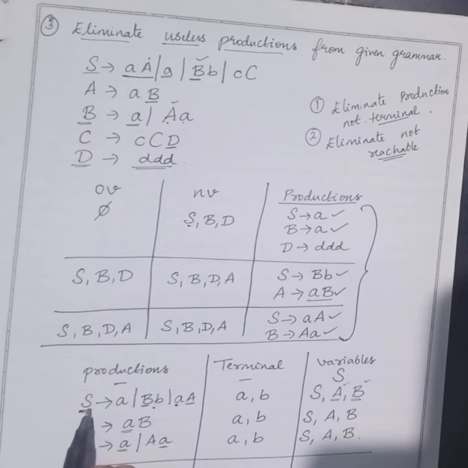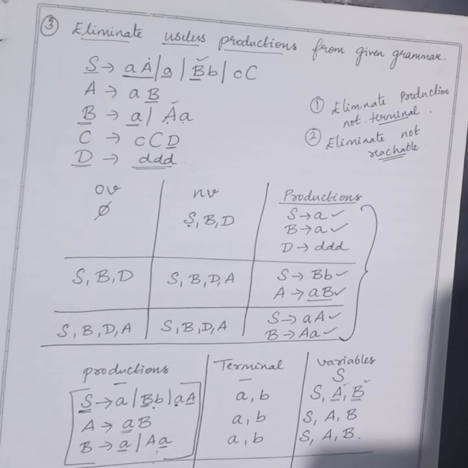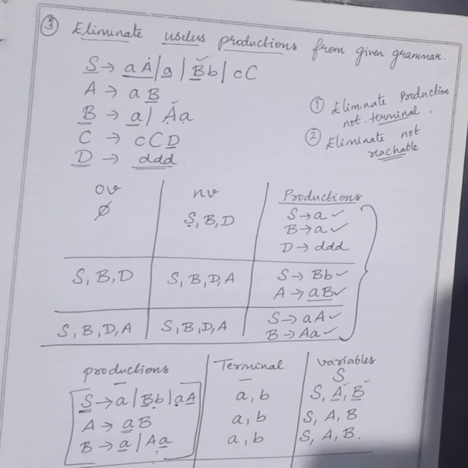So finally, only these are the productions we need to include in our final answer. These are the final productions, with both non-reachables and non-terminating productions removed. And these are the terminals, and these are the variables.